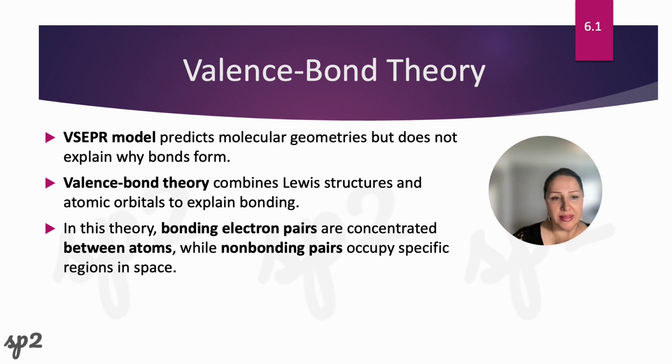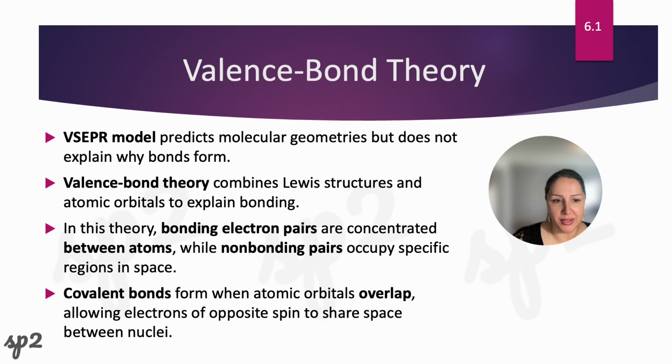Okay. Now, in this theory, the bonding electron pairs are always concentrated between the two atoms, right? But we also have the non-bonding pairs that take specific regions in the space of our molecules. Now, the covalent bonds, we have heard about this before, right?